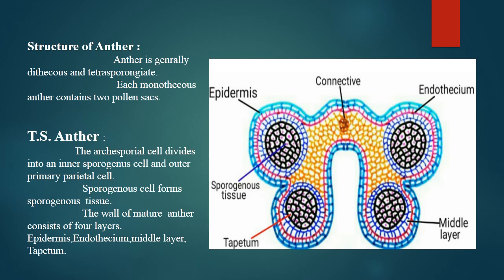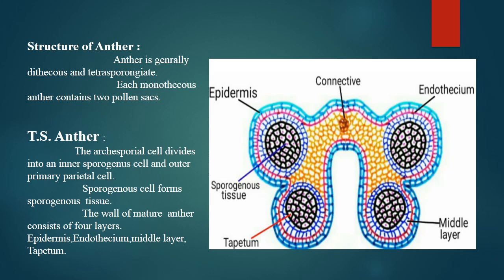Endothecium. It is generally a single layer of radially elongated cells found below the epidermis. The cells are hygroscopic. Middle layer. Two or three layers of cells next to the endothecium, towards the connective, constitute the middle layer.